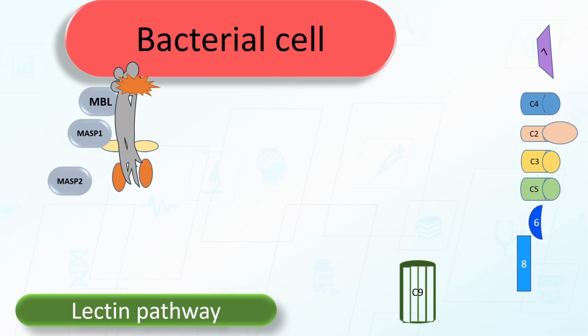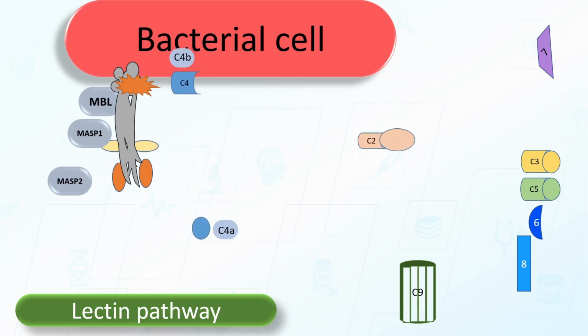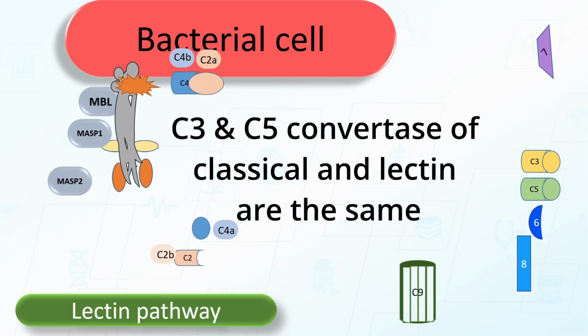Once MASP2 is active, it will have the role of C1s in the classical pathway. Then it will attract C4 and C2 and convert them and create C4b2a, which is a C3 convertase. So the C3 convertase and C5 convertase for the lectin pathway and the classical pathway are the same. The difference is the initial step.